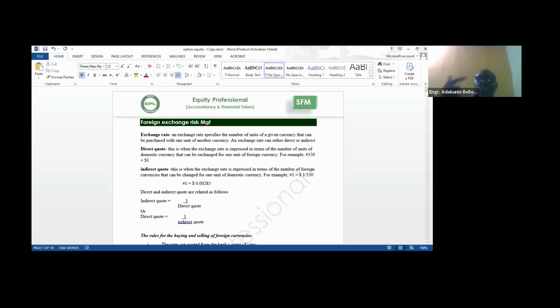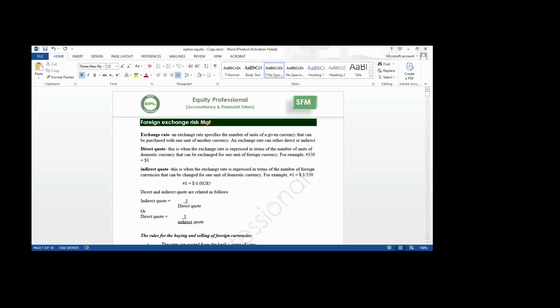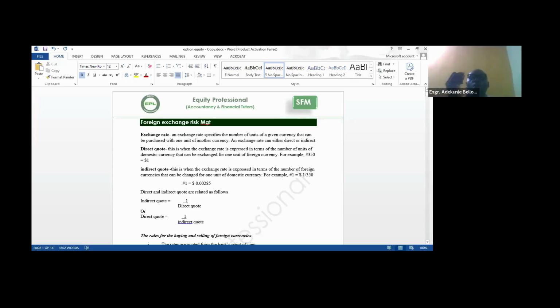What is the exchange rate between naira and dollar? So the first question is, what is exchange rates? The first question to be addressed.